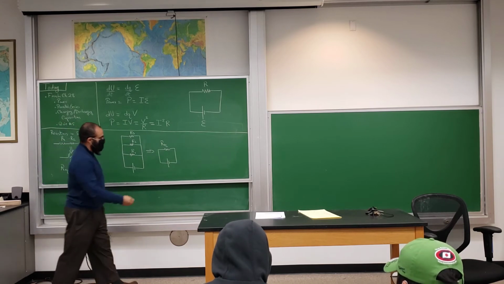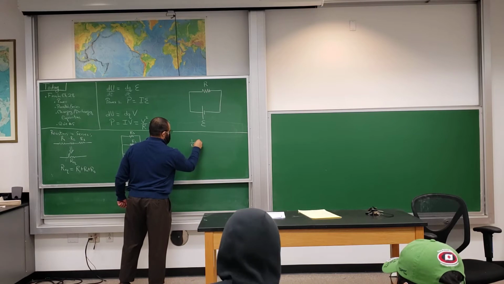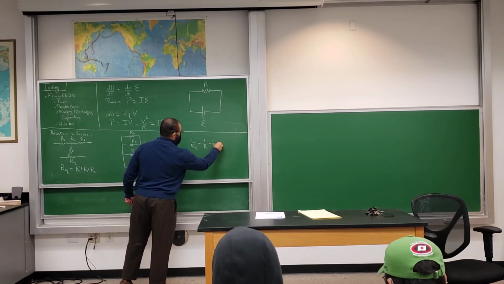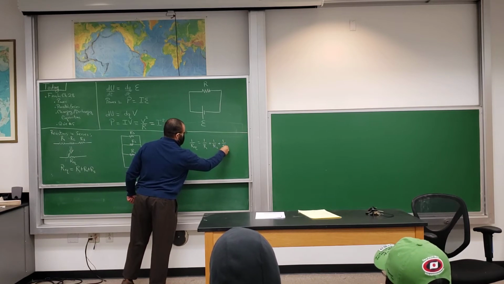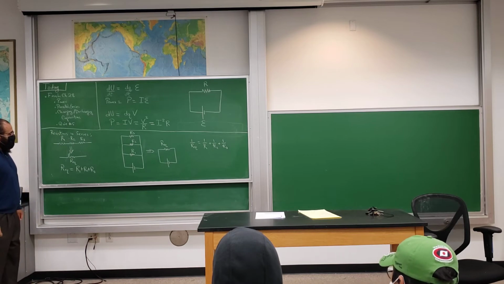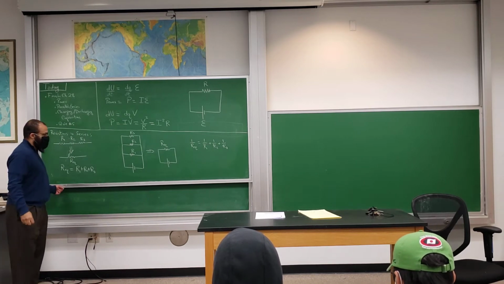And R equivalent in parallel is 1 over R equivalent equals 1 over R1, plus 1 over R2, plus 1 over R3. Okay, so that is for resistors in parallel.